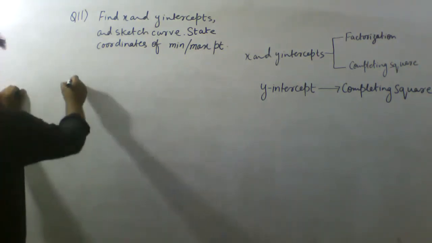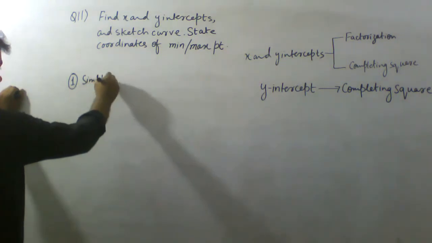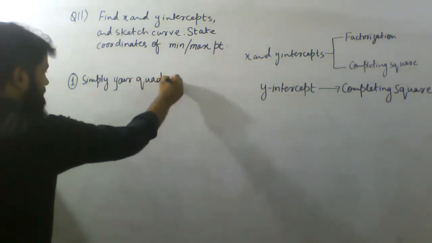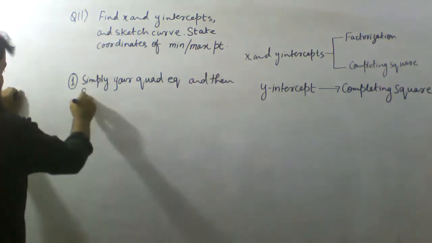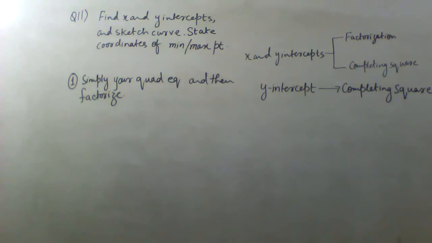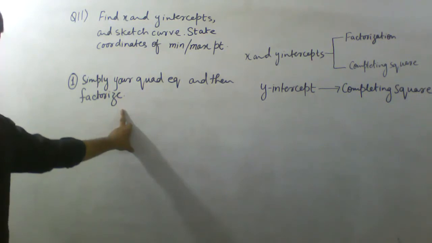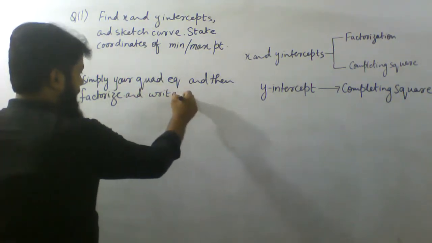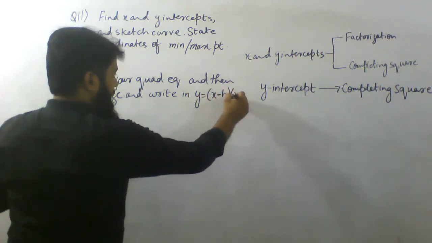Step number 1: first of all, simplify your quadratic equation and then factorize that equation, and you will write it in the form y equals x minus h, x minus k.